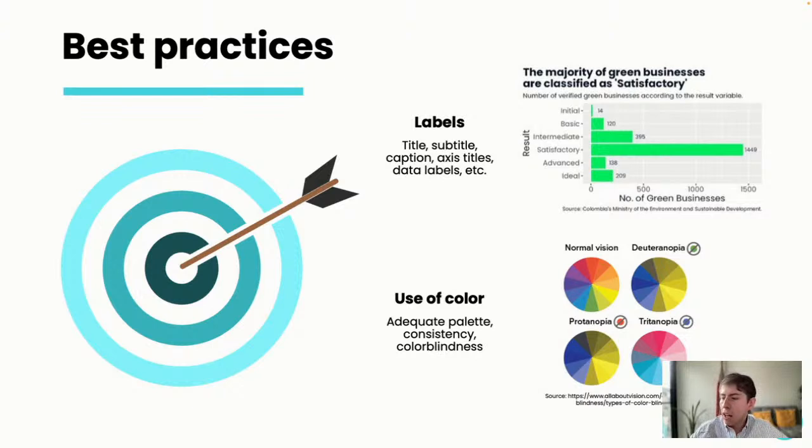So you'll need to take this into account in order to better convey your data for every person, first. And second, these kinds of issues can also help you with people that don't have color blindness.